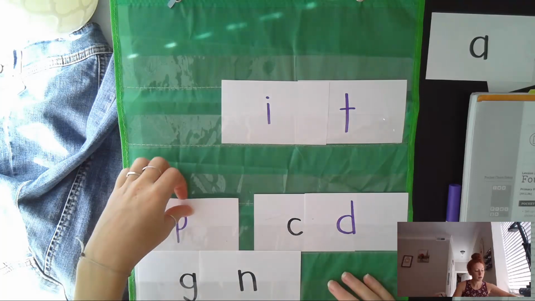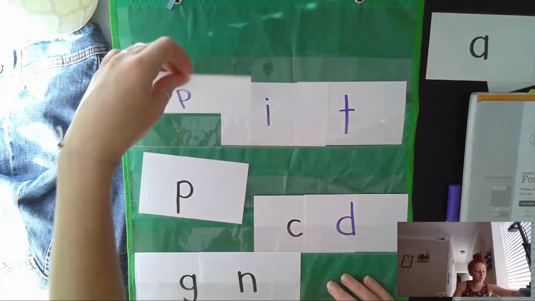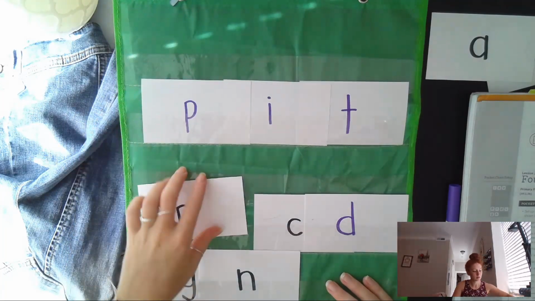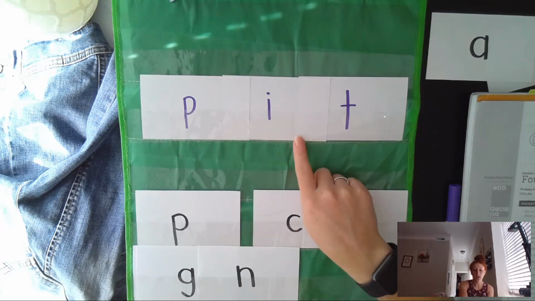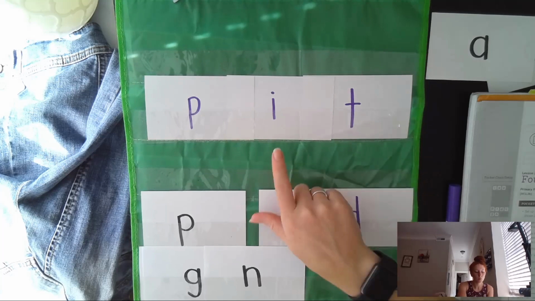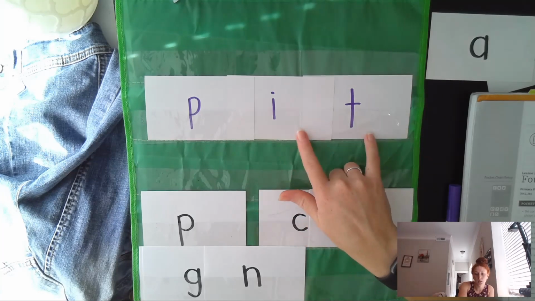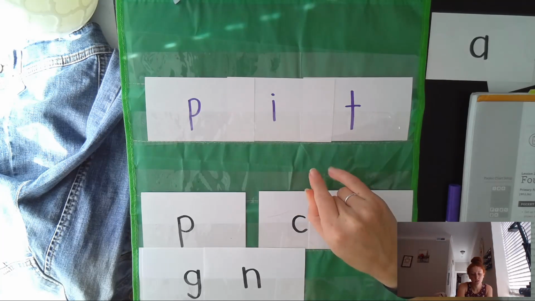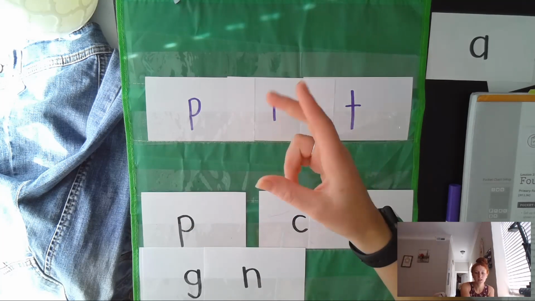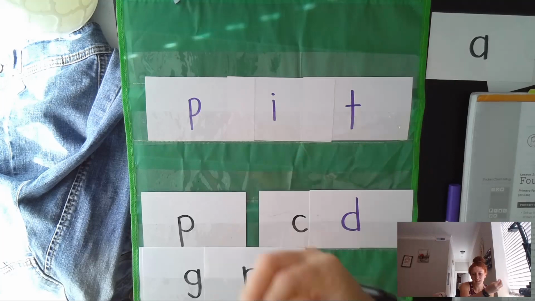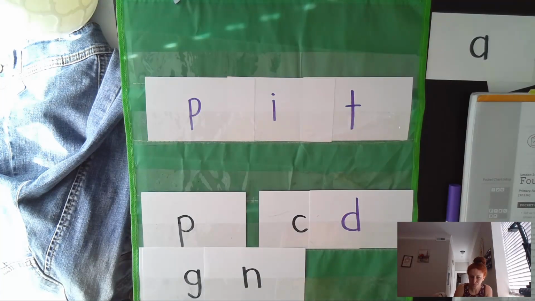What if I put p in front? Now I have p, it. But we don't have to say all of the sounds because we know that these two say it. So we can say p, it, pit, okay?